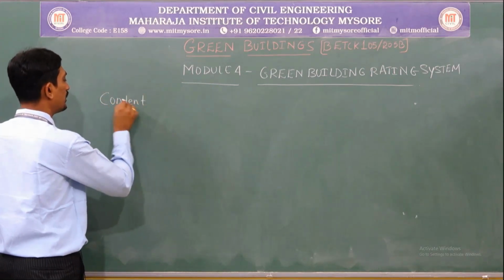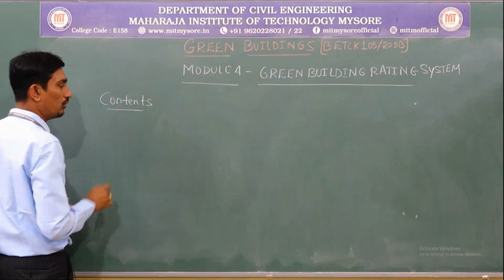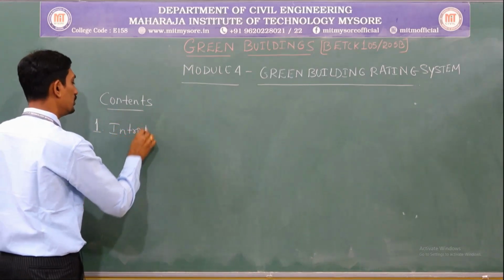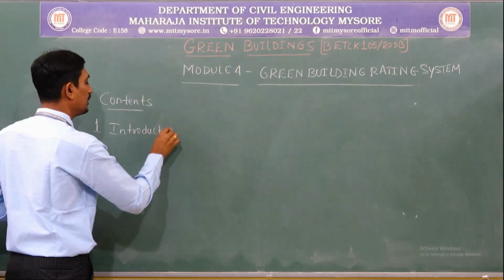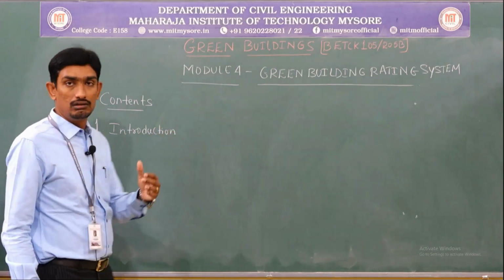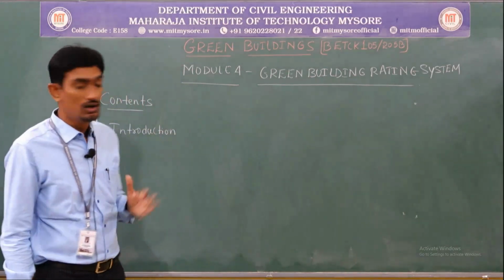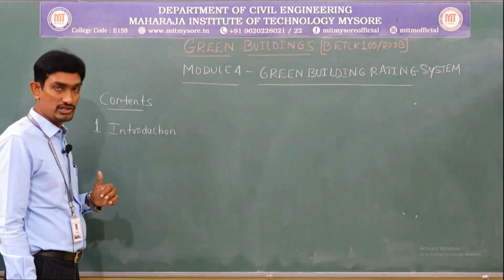So coming to the contents of this module, I will introduce what exactly the green building rating system is and how we need to attain this. All these things I am going to do in the introduction.